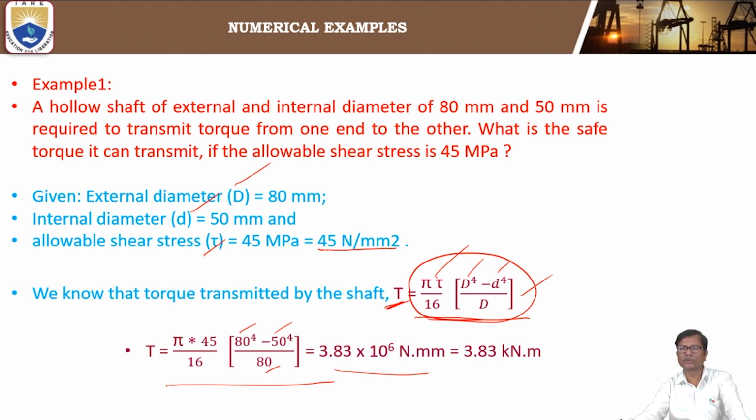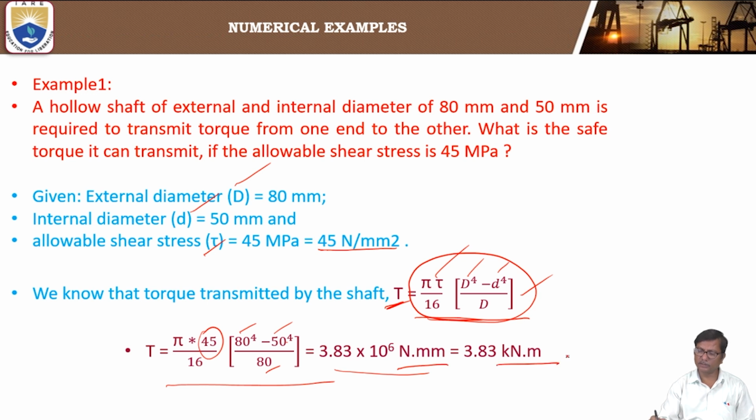So it is important to substitute the values of diameter in millimeters, as you are substituting tau value in Newton per mm square. So it is 3.83 into 10 power 6 Newton millimeter.